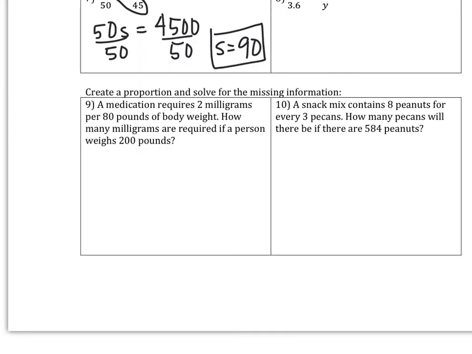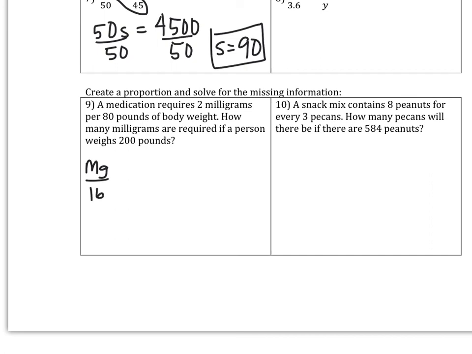Let's do number 9. This is a word problem. We want to create a proportion and solve for the missing information. A medication requires 2 milligrams per 80 pounds of body weight. How many milligrams are required if a person weighs 200 pounds? This is how I do it so I remember which goes where. That's going to be milligrams, and this is going to be pounds.